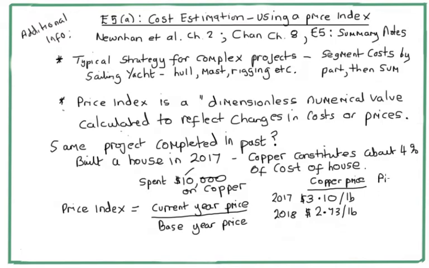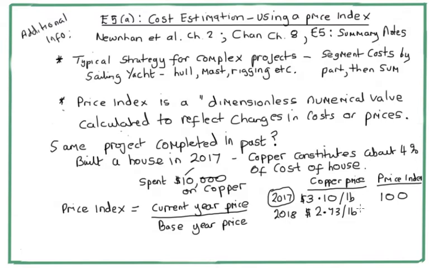If I want to calculate the price index, as you can see from the formula, I need to divide current year price by base year price. Our base year is 2017, our starting point. So of course, in 2017, the value of the price index is 310 divided by 310. Let's make it 100; we'll multiply by 100, as you would normally see it presented.